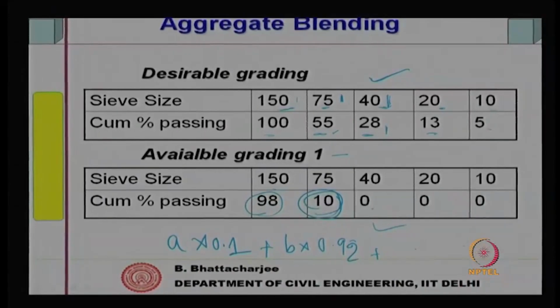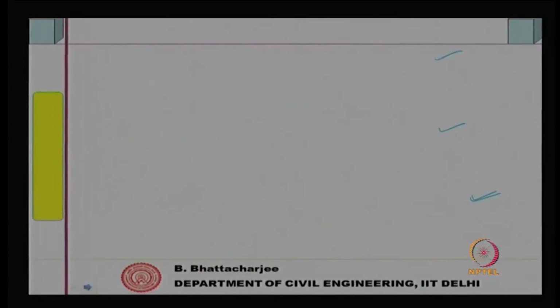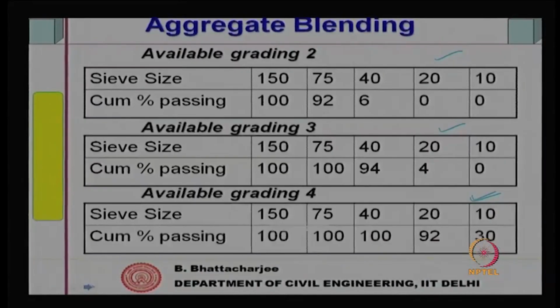Similarly for C and D, that would be the quantity of material passing through 75 mm. How much should I have? This must equal 55% of my overall, so 0.55 of A plus B plus C plus D. So, I can set an equation at 75 mm size, and this is what I am trying to do.